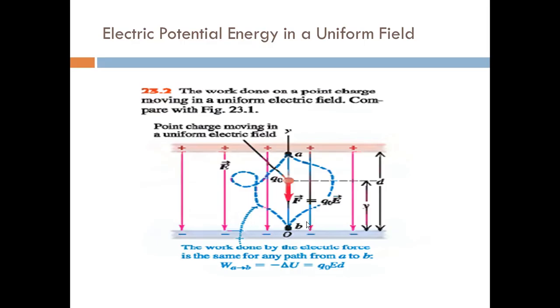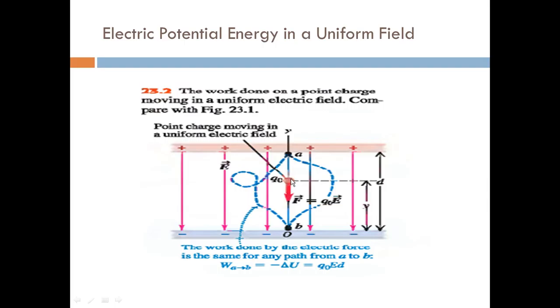So that means if we are going to try to make an analogy between gravity and electricity, the downward electric field is just like the downward effect of gravity, and the pull of gravity is like the pull of the lower plate and the push of the upper plate on our charge.